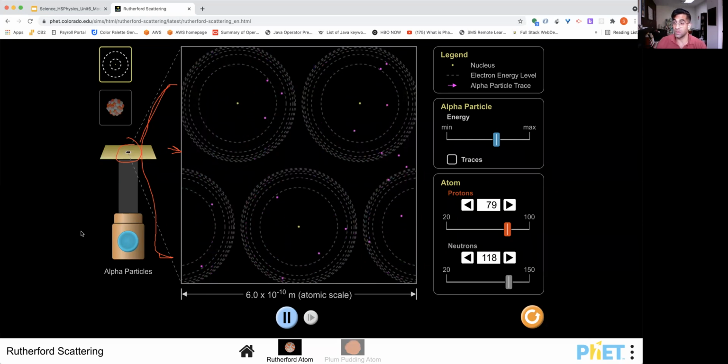I'll give you a few reasons. Alpha particles are tiny. They are as tiny or maybe even tinier than atoms. Now, we can see from the legend that those gold dots in the picture are the nuclei of the gold atoms. So for the most part, those alpha particles are passing right through.